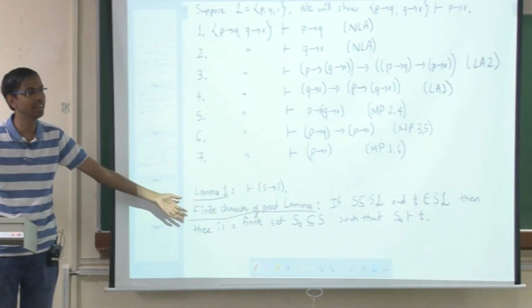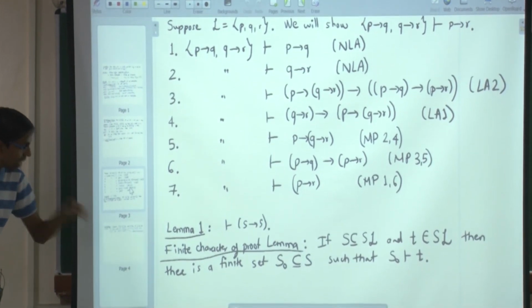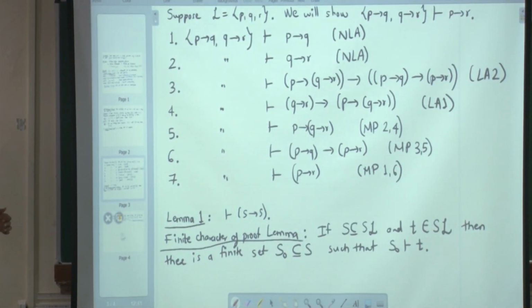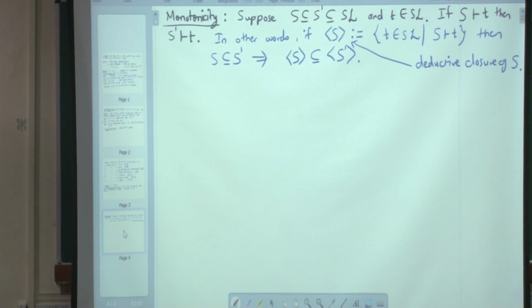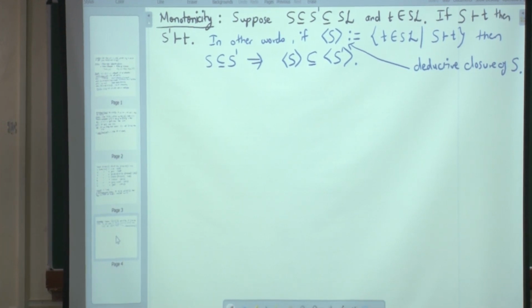Lemma 1 is the first lemma which we'll need for the proof of the completeness theorem. Then finite character is also very useful, and monotonicity, which we'll need. All these things we are going to write.